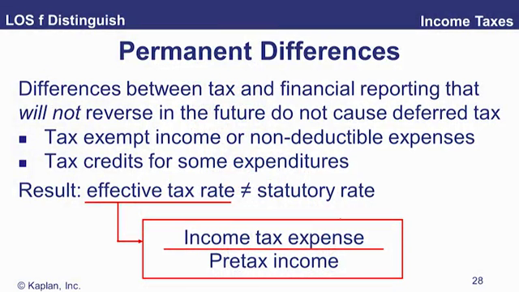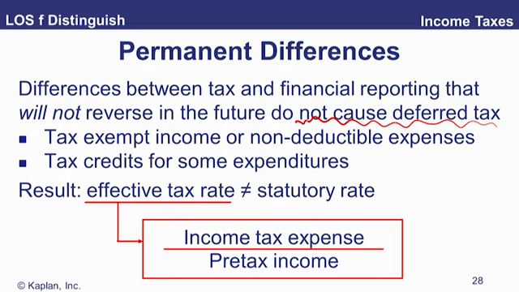Okay, so permanent differences. The key with permanent differences is to note they do not cause deferred tax. So they're not going to cause deferred tax. But what they will do is they will cause your effective rate and your statutory tax rate to differ. Now, the effective rate is, if you like, the rate that we are actually paying on our taxable profits in the accounts.